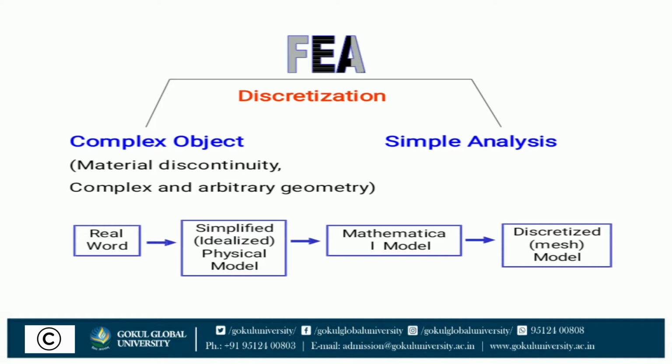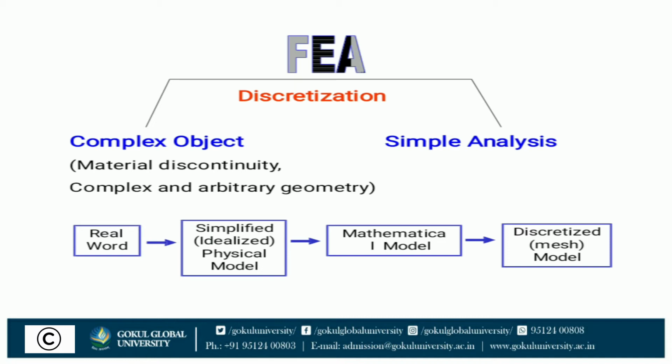Then we decide how many nodes are needed in the complex structure. These are the two basic techniques: one is the complex object and another is the simple analysis technique. In complex objects, material discontinuity and complex, arbitrary geometry are applicable.